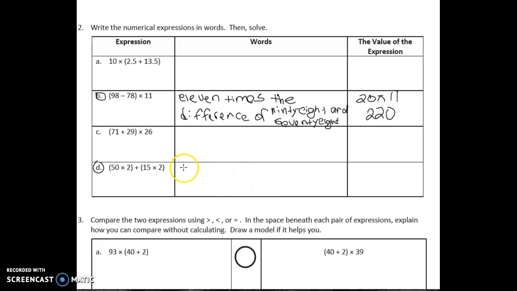Now let's take a look at this one. This one's going to be harder to write in words in this space because there's not much space. This one's complicated.